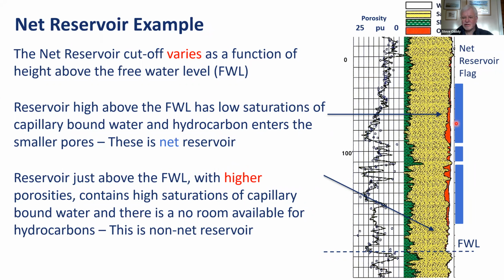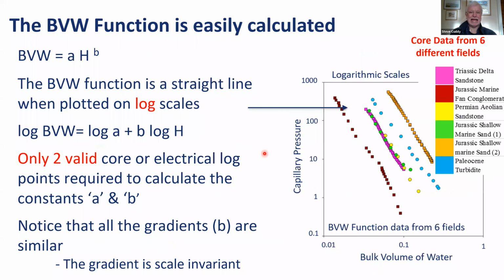This is net reservoir. Whereas just above the free water level, which has similar porosities, it contains high saturations of capillary bound water, and there is no leftover room available for hydrocarbons, and therefore this is non-net reservoir. So the BVW function is easy to calculate. BVW is a function of height and just two constants.